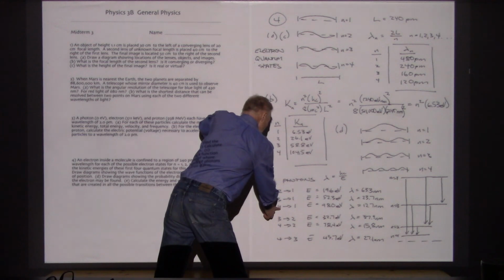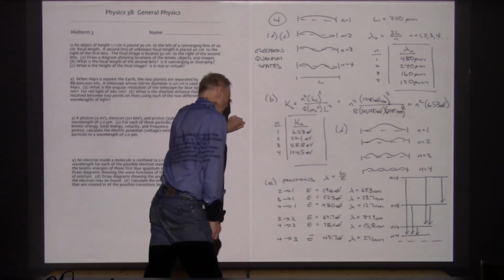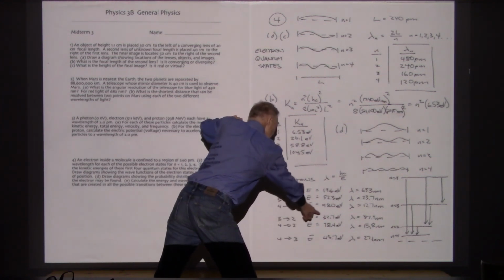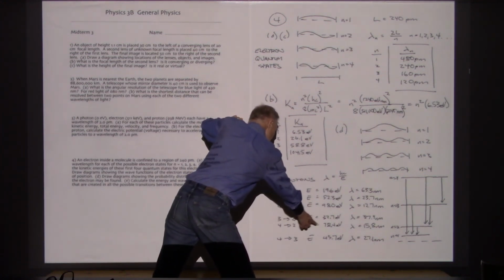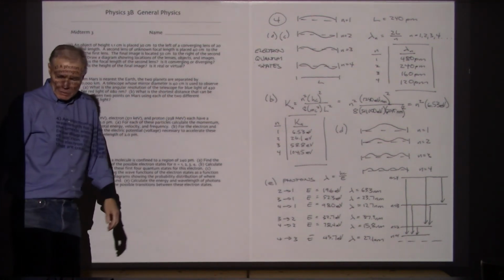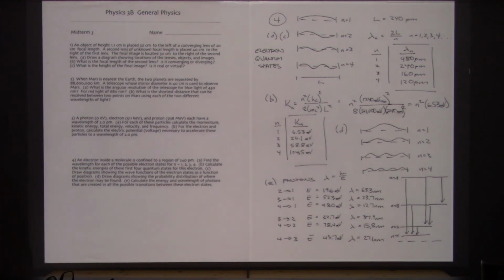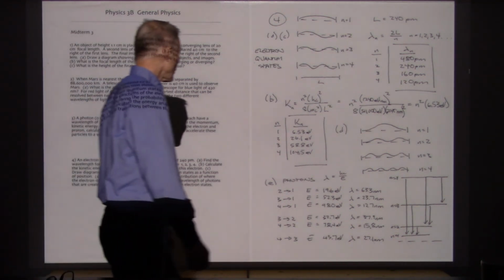So if the electron drops from 4 to 1, that's going to be 98 eV. That's a lot. From 3 to 2 is 32.7, 4 to 2 is 78.4. So yeah, the electrons dropping from quantum state 4 are the ones with the most energy, right? They're dropping from that really high quantum state.